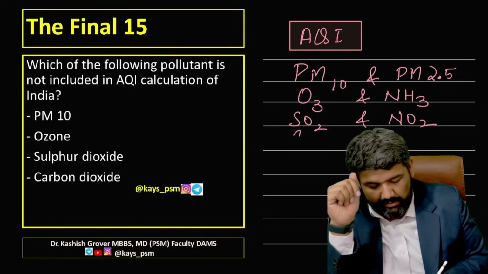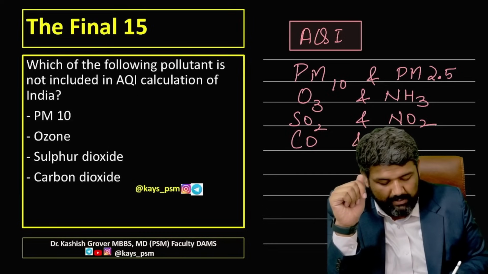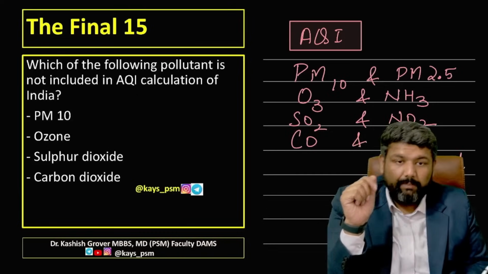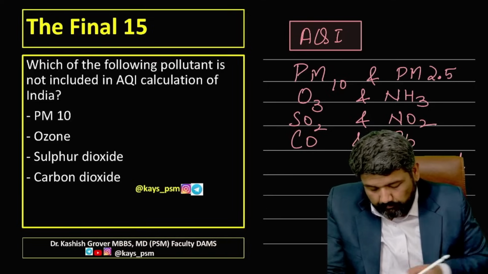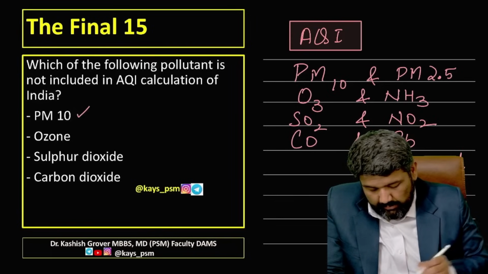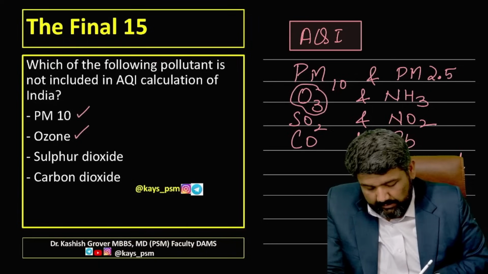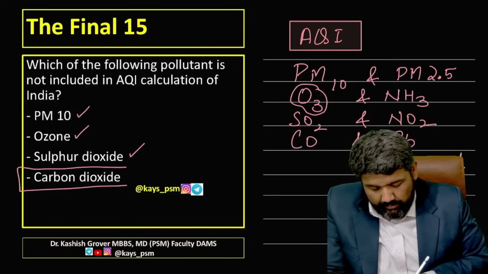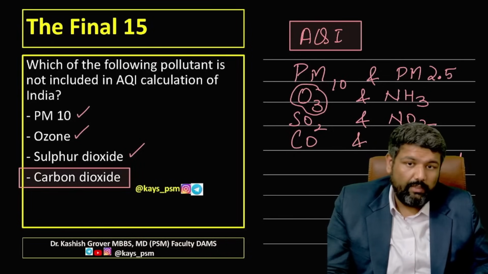What is that? Carbon monoxide and Pb. Pb is lead. So PM10 is included. Ozone is included. O3 is ozone. Sulfur dioxide, yes. Carbon dioxide is not included.